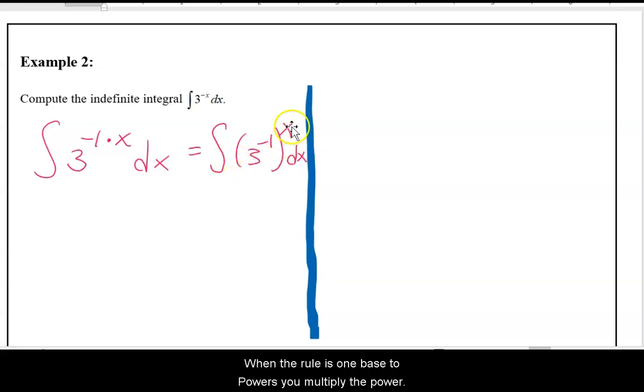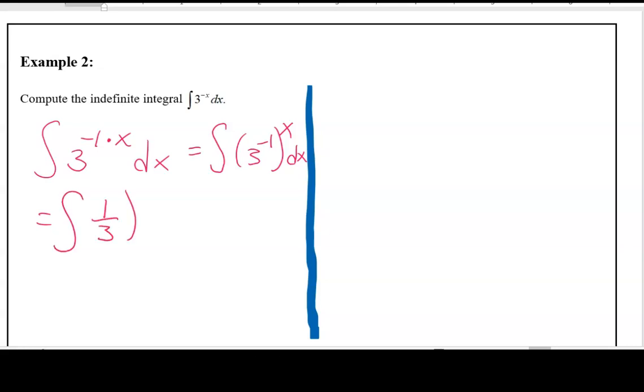When the rule is 1 base, 2 powers, you multiply the powers. 3 to the negative 1 power, however, gives me 1/3. I can then think of this as the integral of 1/3 to the x power dx.